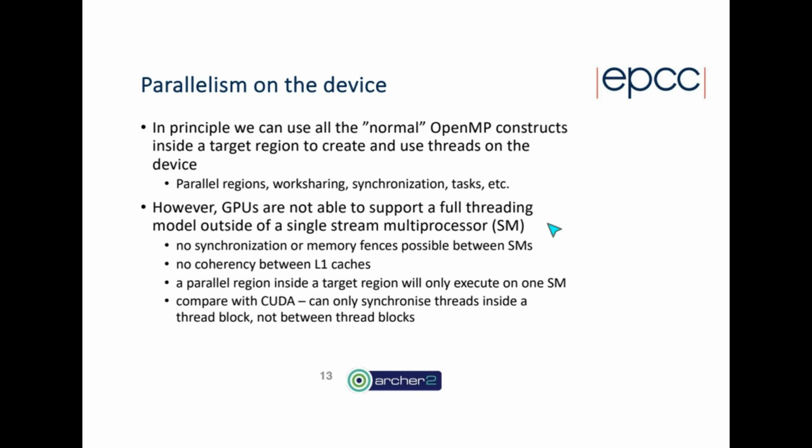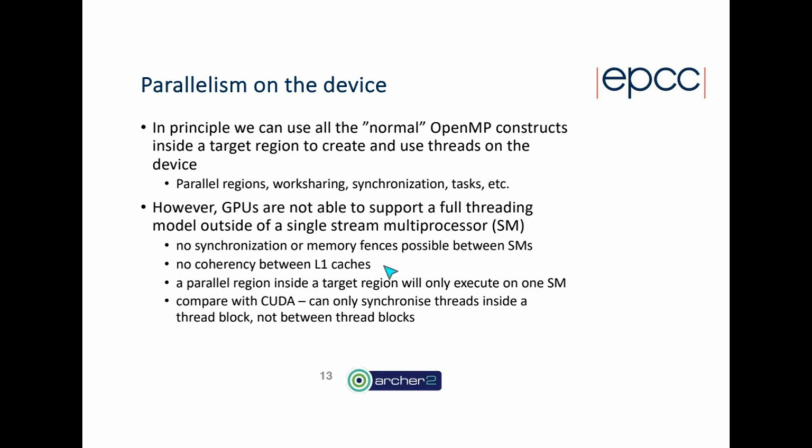But the way GPUs are designed is that it's essentially not possible to synchronize threads that are executing on different stream multiprocessors. So in particular, you can't have any synchronization. You also can't have any memory fences either. So there's no way to keep the data consistent between the SMs.